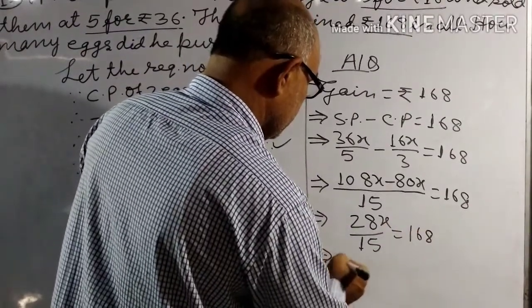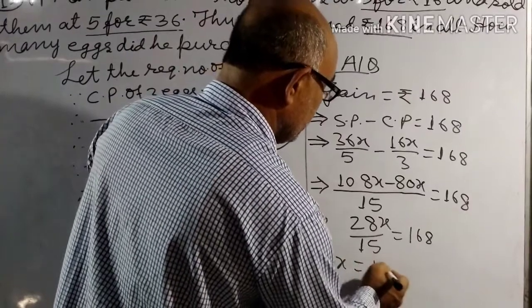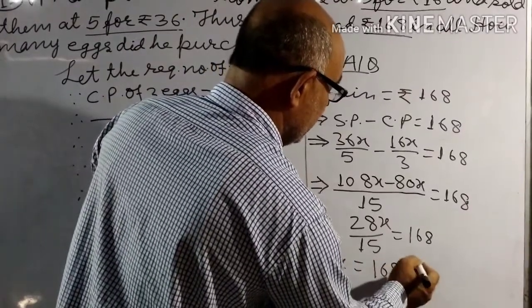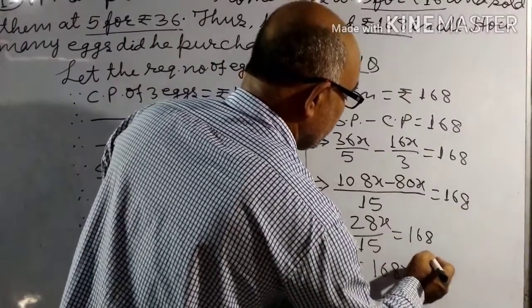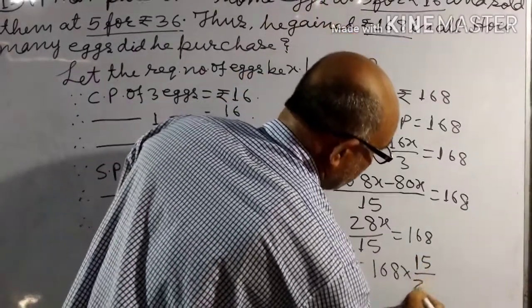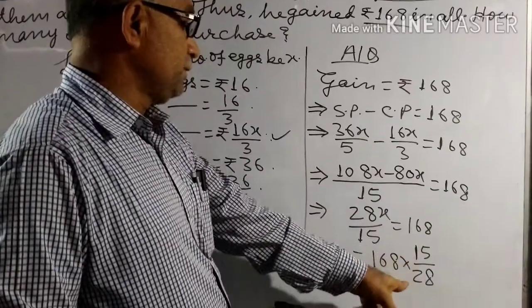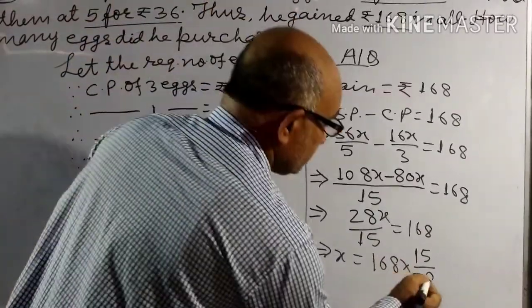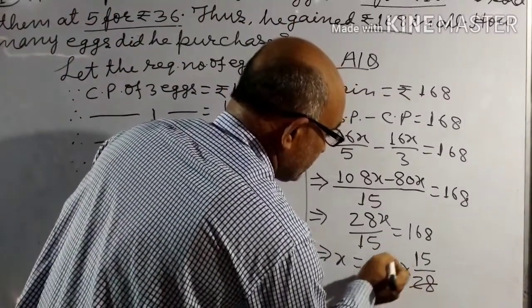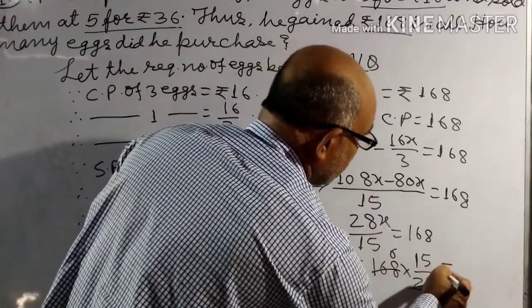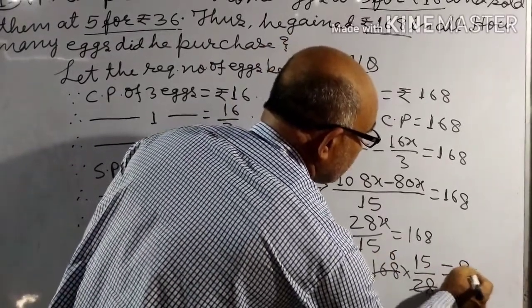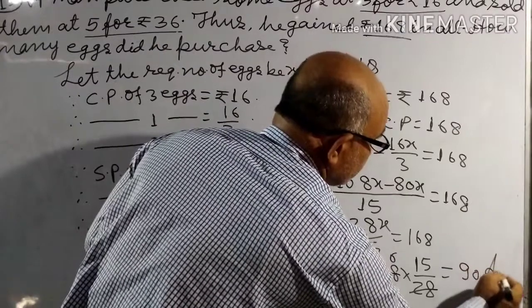That implies x equals 168 into 15 by 28. 28 by 15 by transposition changes to 15 by 28. So 28 sixes are 168 and 15 sixes are 90.